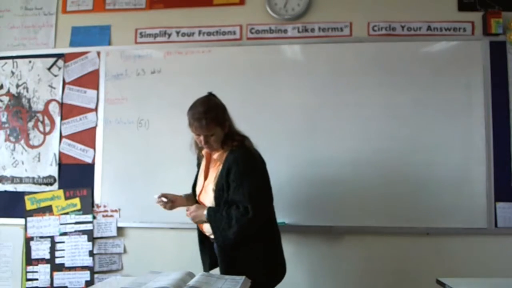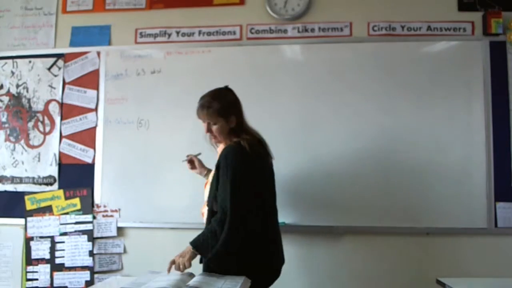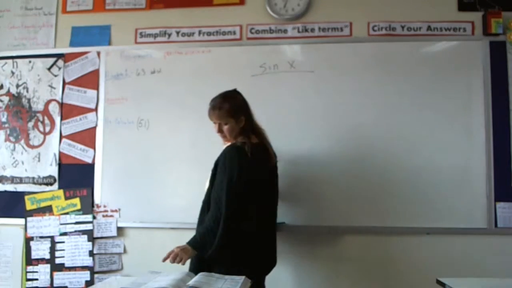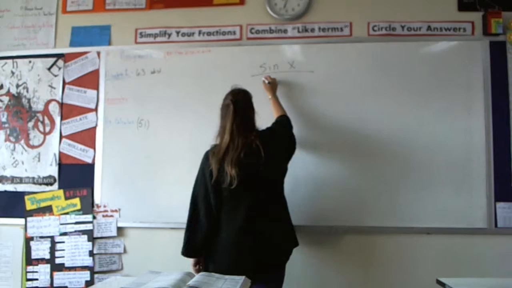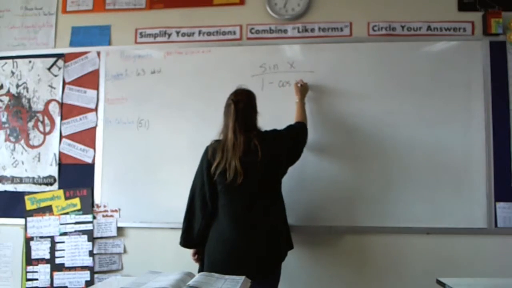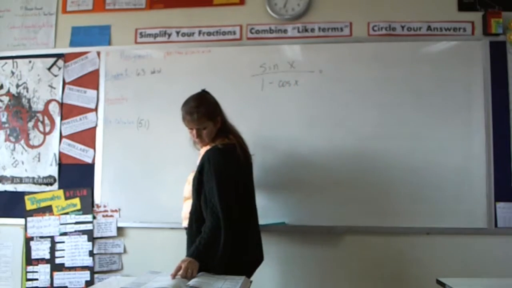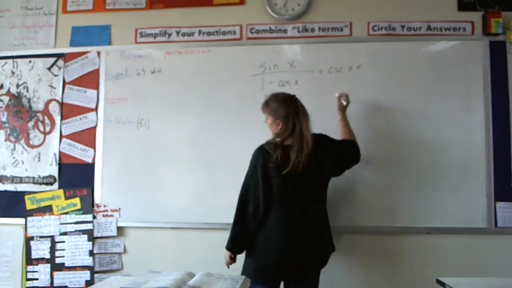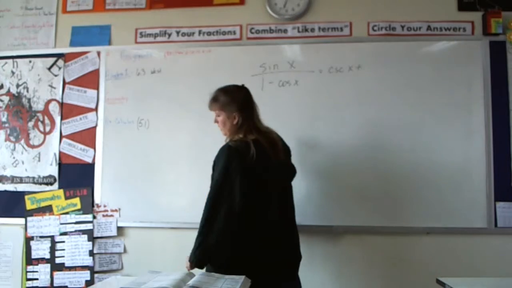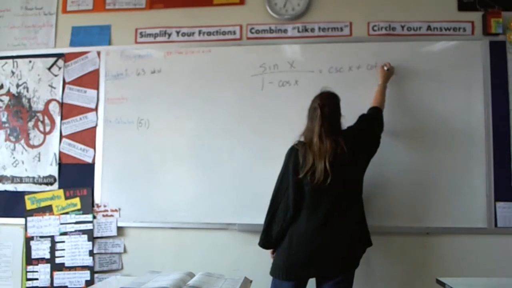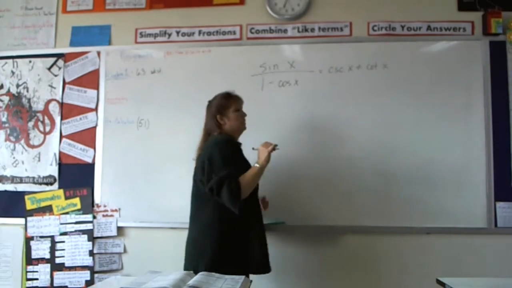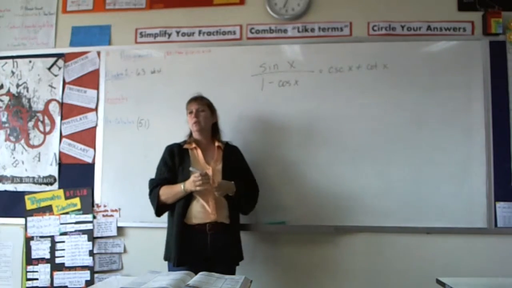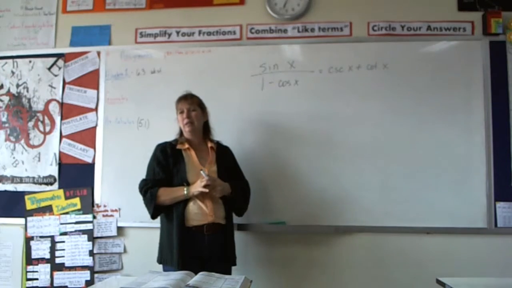All right, example 3. It says verify that the sine of x, I changed the alpha to x, over 1 minus cosine of x is equal to cosecant of x plus cotangent of x. Well, this one's kind of a giveaway because, even though neither side looks really easy or simple, they're teaching you how to do what?